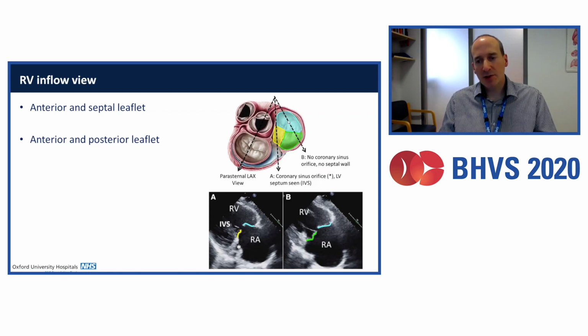But if you continue your sweep past the coronary sinus and into the right atrium itself, you'll then bring the anterior and posterior leaflets into view. So in fact, in that single view, you can sweep through all 3 leaflets. So if you're trying to identify an area of prolapse or perforation, for example, just sweep through the valve and think about your imaging plane in relation to other structures.